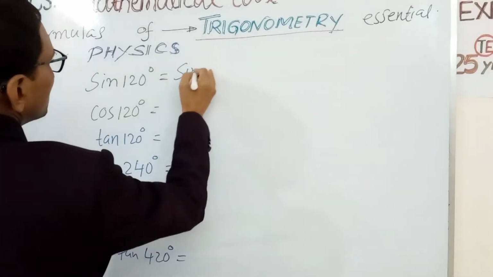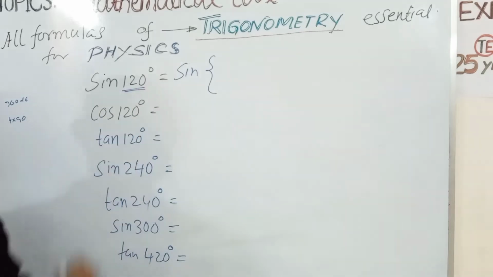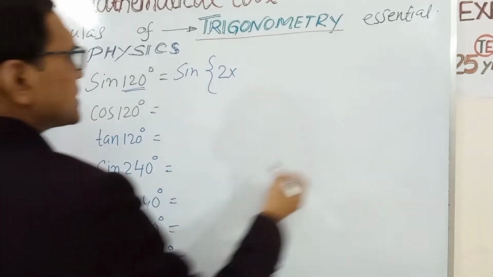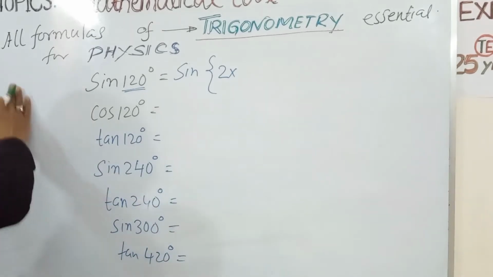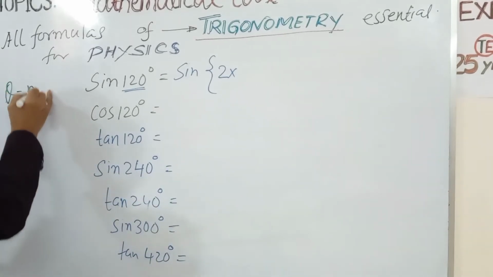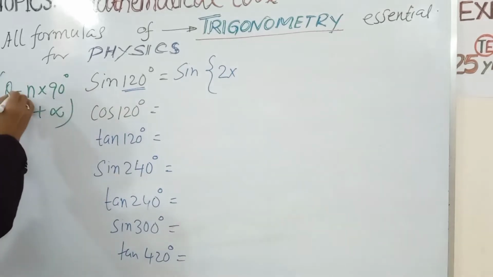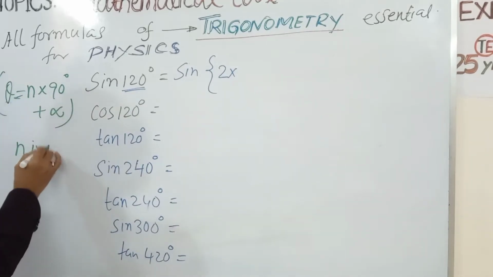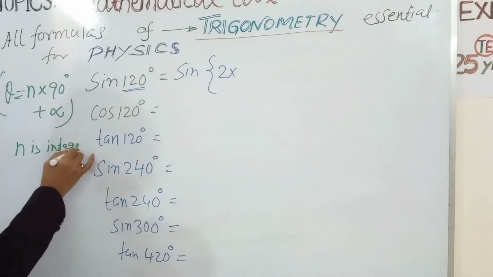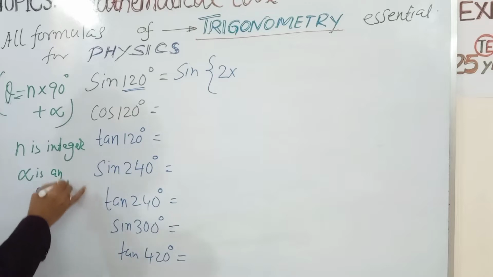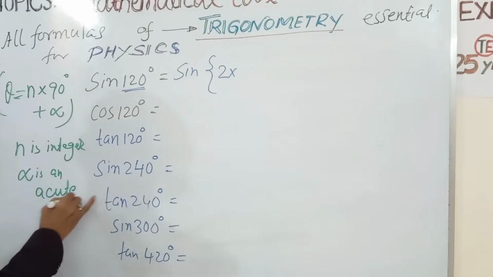First you split this angle in this form, that is, you have to split any angle in the form theta equal to n into 90 plus alpha, where n is an integer and alpha is an acute angle.